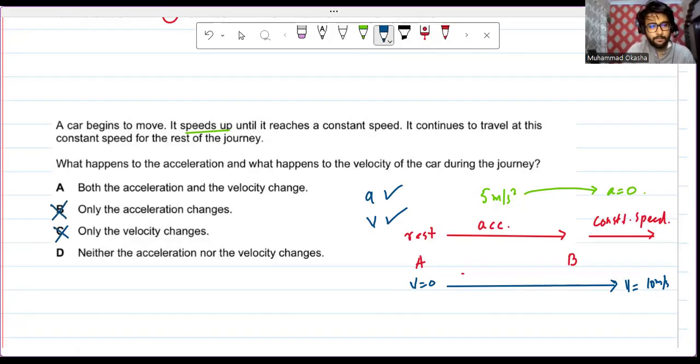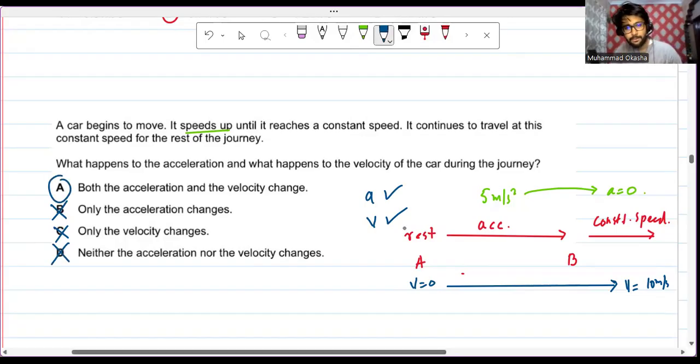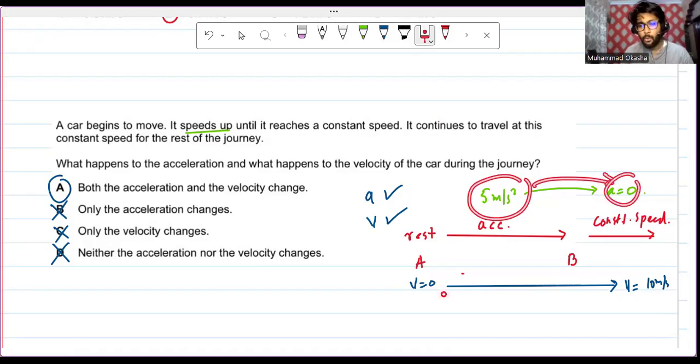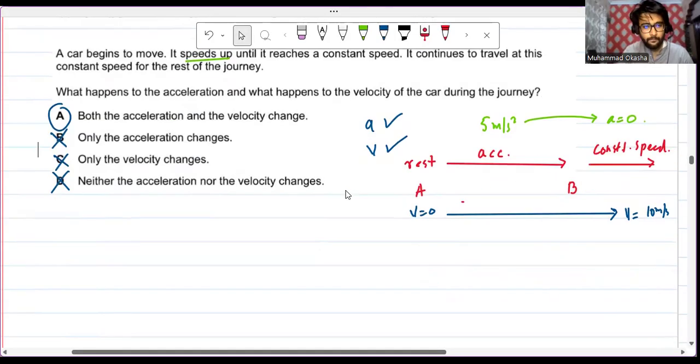Only velocity changes would be incorrect. None of them changes would also be incorrect, because both of them actually changed. Acceleration went from a certain value to 0, while velocity went from 0 to a fixed value.